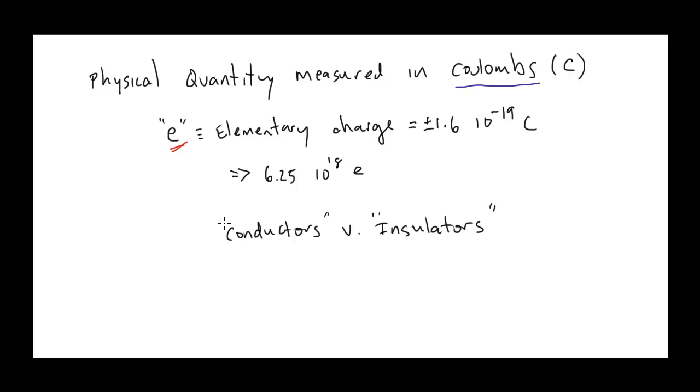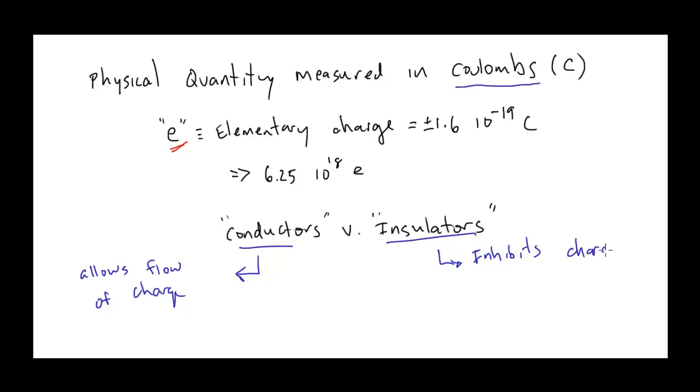And just so we know what this is, a conductor, I think you probably do, but just so we're clear, a conductor is some sort of material that allows for the flow of electric charge. And an insulator, in some way, is a material that inhibits charge flow.